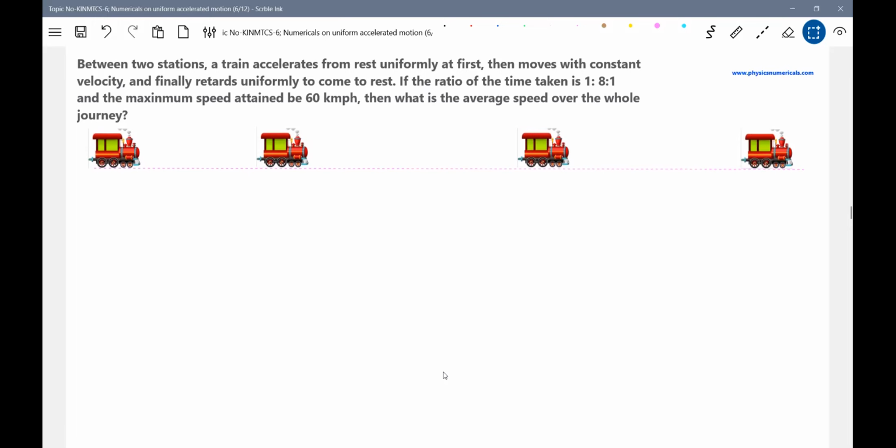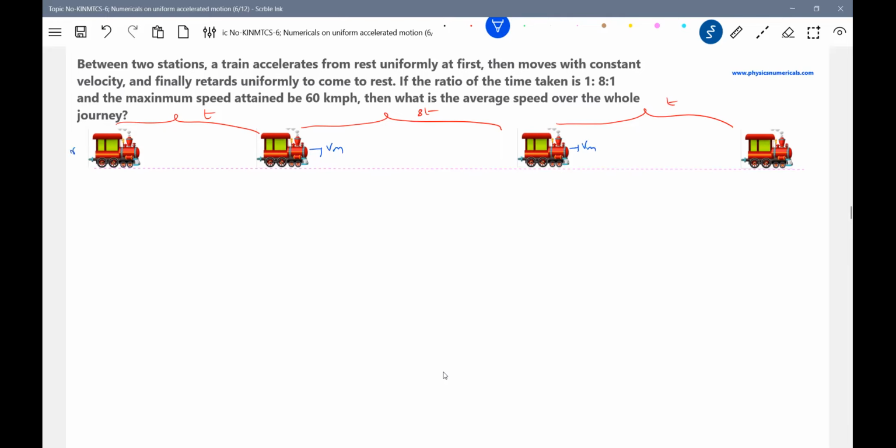The ratio of times is given here, so we'll call this time T. This is 8T. This is T. Maximum speed attained is Vm, in some other color.